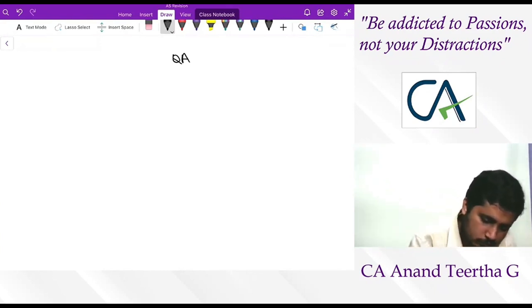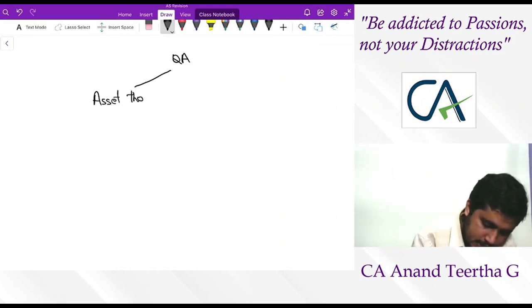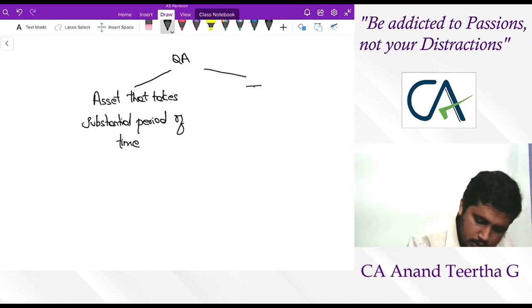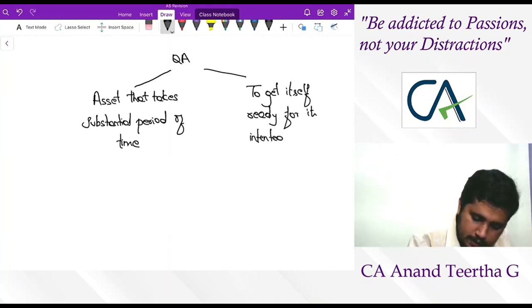For that, an asset that takes a substantial period of time to get itself ready for its intended use or sale.